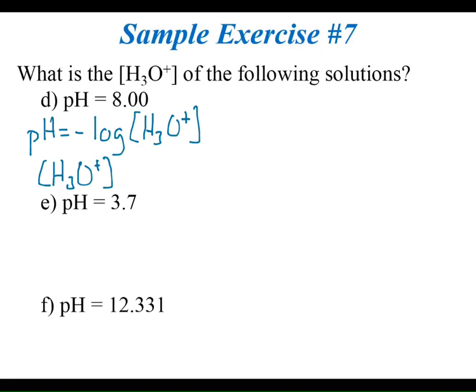So we're going to move the negative over. It's going to be 10 to the anti-log of the negative pH. Anti-log is the same as 10 to the, so 10 to the negative pH. So let me show you how this will work. On your calculator, let's try anti-log of negative 8.00 and see what you get.